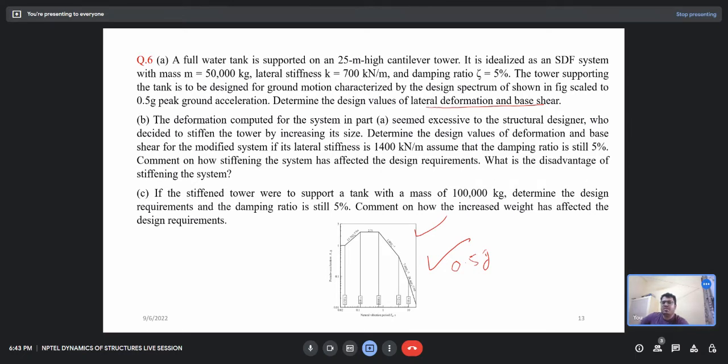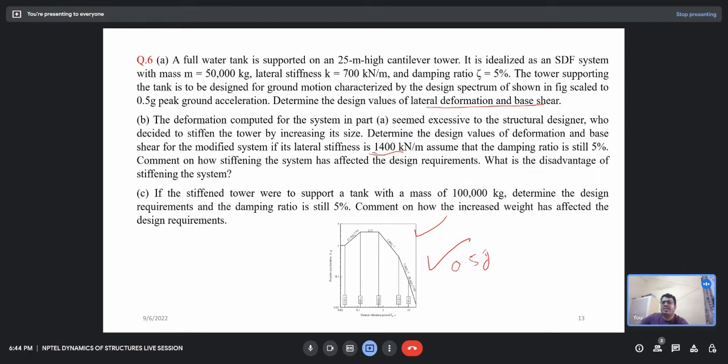In part B, the designer feels the deformation in the system is too high. So to reduce the deformation, he stiffens the tower, increasing the stiffness to 2 times, so it now becomes 1400 kilonewton per meter.